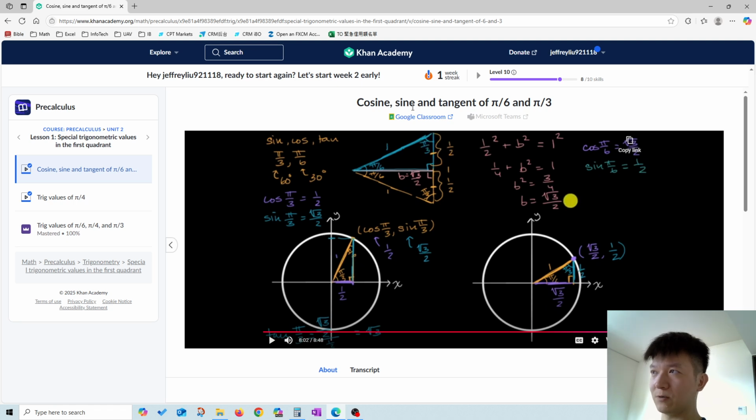Once you get the fraction of cosine, right? Cosine is represented by a fraction, right? And sine is represented by a fraction. Tangent is too, right? Y over this, opposite over adjacent, right? And cosine is what?